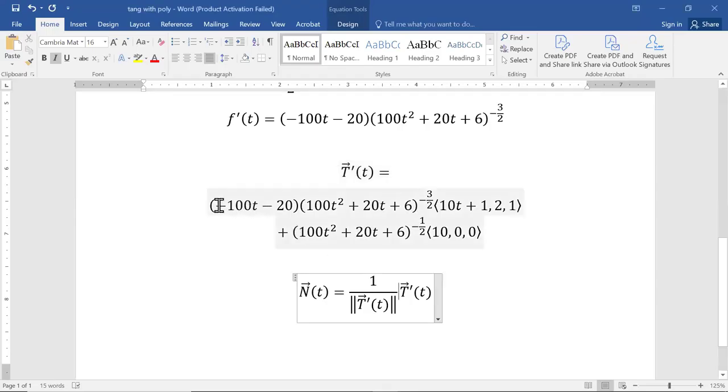So here I have the derivative of the unit tangent vector, and it's a big, long, messy expression. Now, I know my normal vector is going to be determined by the derivative of that tangent vector times some scalar. And I know my unit normal vector is going to have length 1.